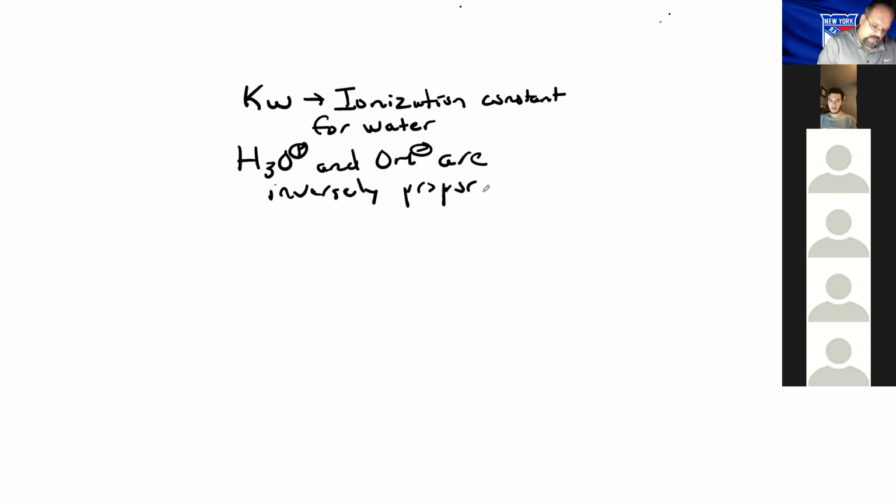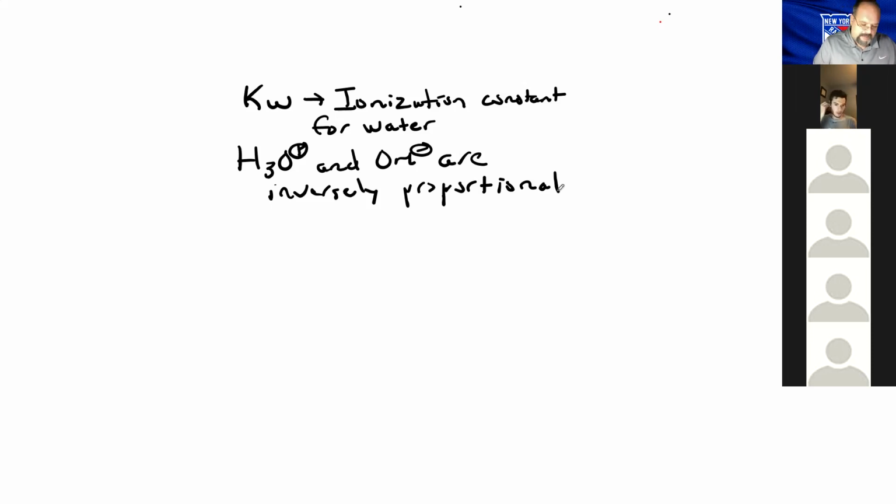That means as one goes up, the other one goes down, and vice versa. One goes up by 2, the other goes down by 2, so forth and so on. So since you have two variables that are inversely proportional to each other, when you multiply them together, they always come to give you the same value.